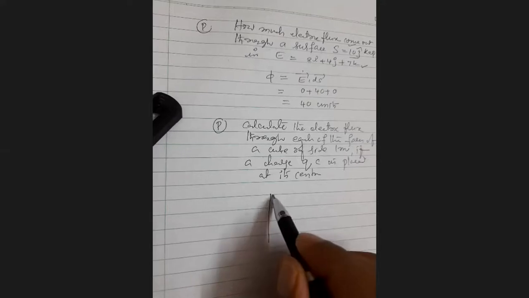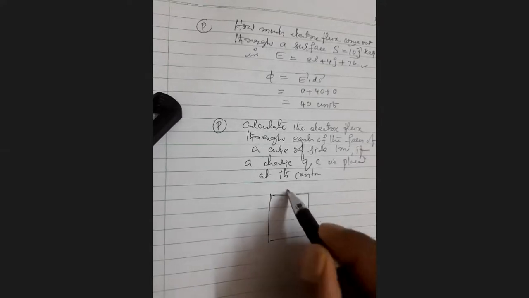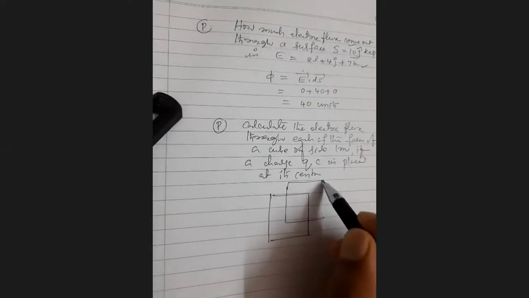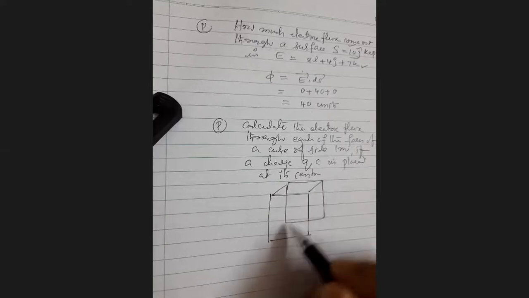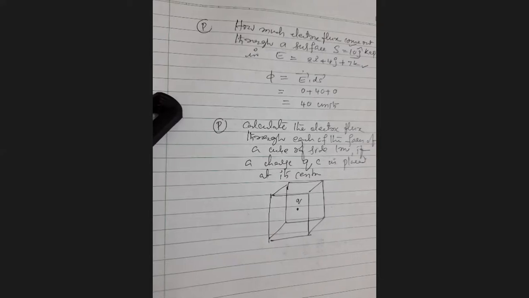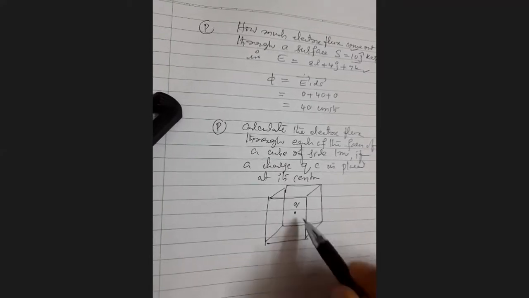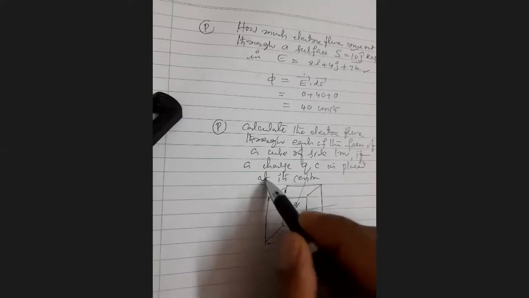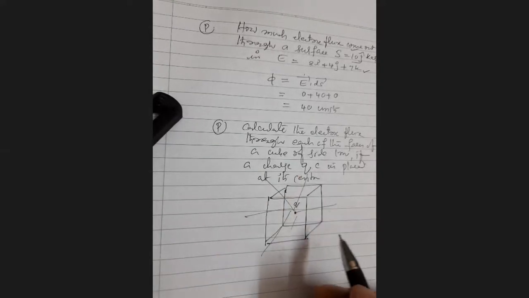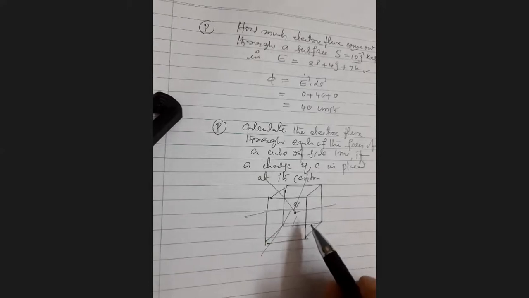So now I am drawing the figure. This is the cube. The cube side is given as 1 meter. At the center of the cube, the charge q is placed. According to the Gauss law, consider the flux coming out through the closed surface. Here the closed surface is the cube surface. The cube is bounded by 6 faces.